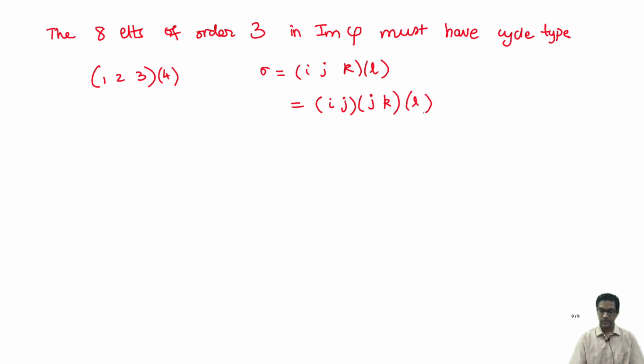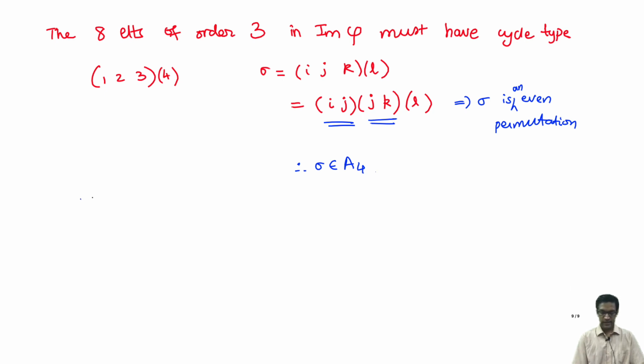And L of course is not a transposition, so it's a fixed point. So observe, when I write sigma as a product of transpositions, I get exactly 2 transpositions, (I J) and (J K), which means that sigma is an even permutation. In other words, it belongs to A4. Therefore, sigma belongs to A4.